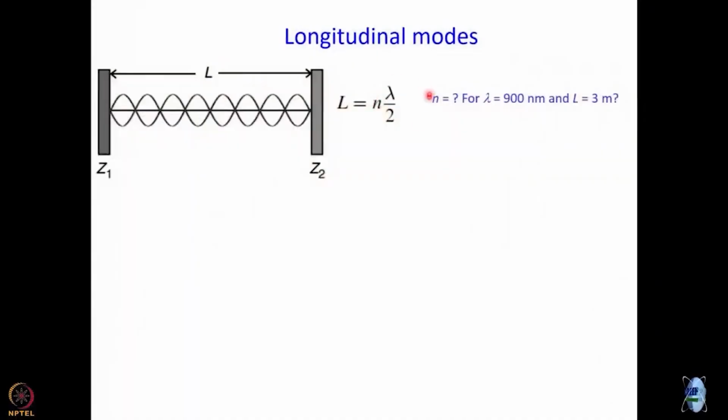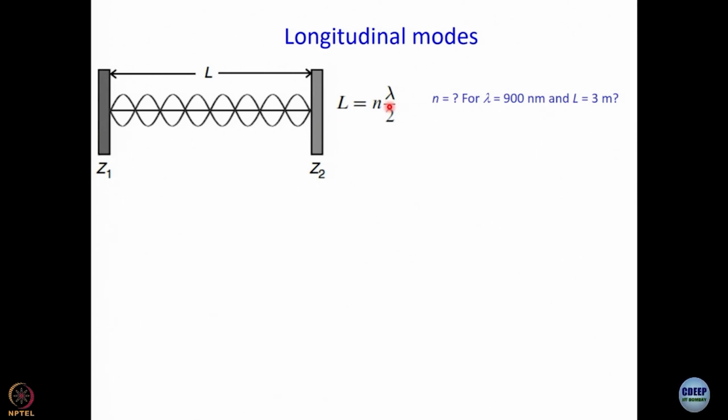A standing wave has to be generated, and the condition of a standing wave is that the cavity length L must contain an integral number of half wavelengths, L equal to n lambda by 2. This is very well known, I think all of us understand that. Okay. So, the point we are trying to make is that you make a laser, L is defined, you decide already that a particular set of wavelengths can be sustained.